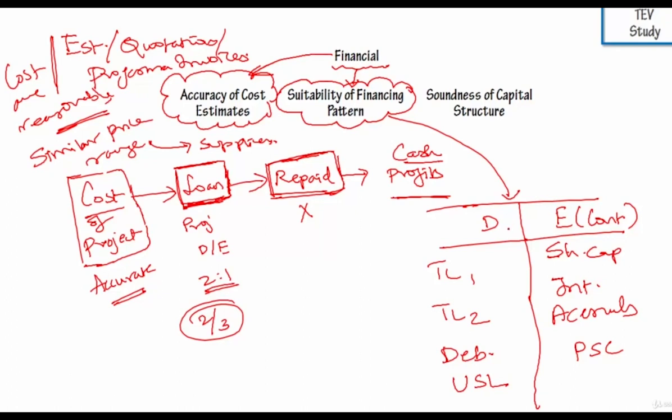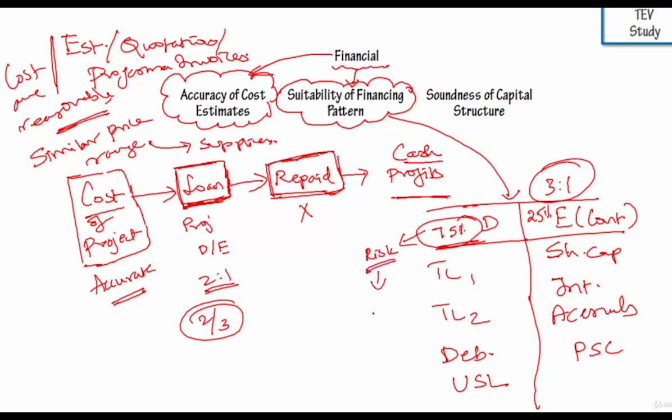Because let's say they come with a proposal saying that debt should be 75% and equity should be 25%, making the debt equity ratio 3:1. Then they may say that this 3:1 is not a viable proposition, because 75% debt is going to add a lot of risk to the company.